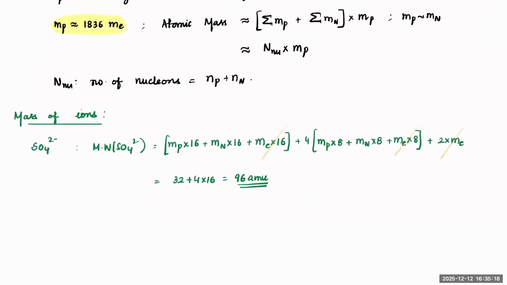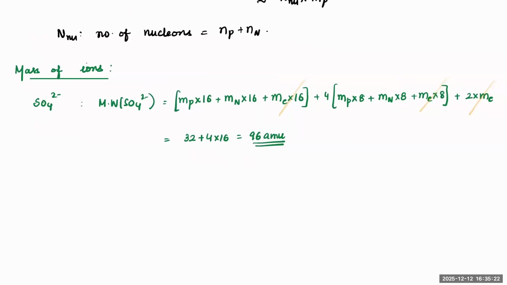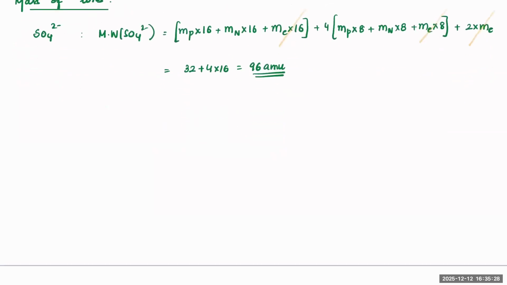Is this clear, beta? Yes. So it doesn't matter even when it comes to ions. We are only supposed to find out the mass of protons and neutrons. Another such example, CO3 2 minus. For that also, it is about 12 AMU plus 48 AMU. Ignore those two minus. So that makes it 60 AMU.